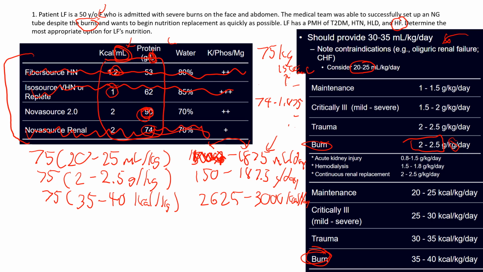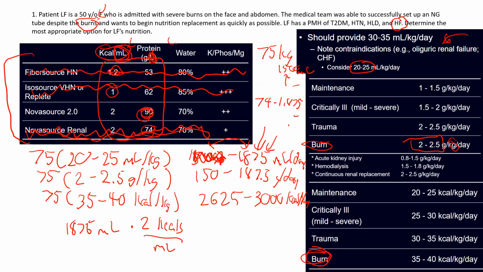There's one last thing though, one last caveat. I believe, if I remember correctly, yeah, we have our total volume now. We're going to go with our highest volume because that's what worked for our proteins. We have 1875 milliliters, and for our calorie requirement, we're going to give them 2 kcals per milliliter.